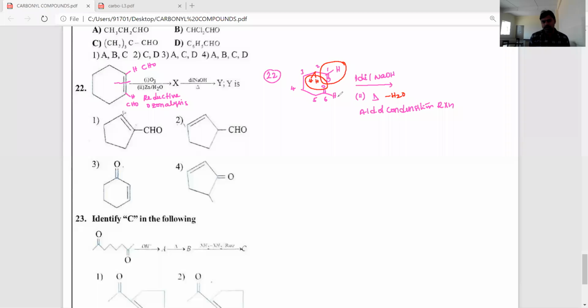Then the final product is a 5-membered cyclic ring having a CHO functional group. This is alpha carbon, this is alpha and beta. The double bond will form. Alpha beta unsaturated cyclic carbonyl compounds will be obtained.